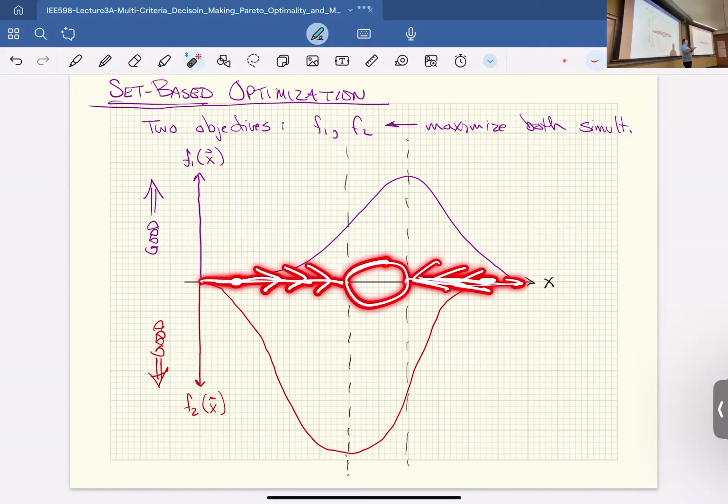These points have no Pareto improvements. These points in the middle, any movement that increases one objective will decrease at least one other objective. That's why we call them Pareto efficient. They're efficient because they have no improvements. We also call them Pareto optimal. They are where the trade-offs live.